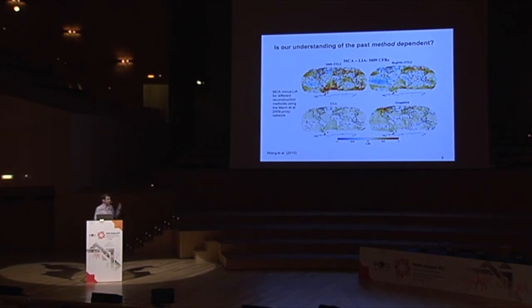These differences are completely due to methodological differences, since they use the same underlying proxy data. So we were interested in how your spatial reconstructions look different when you use different methods, but maybe more importantly, what's robust across methods. What can we say that's really robust?